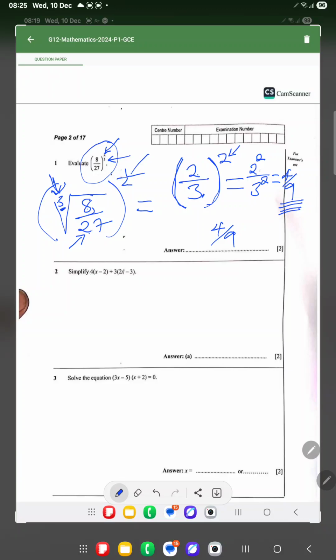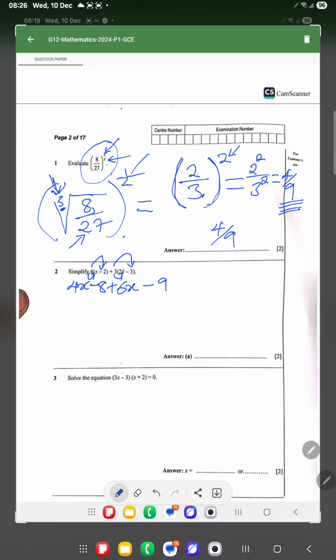So 4 times x is 4x, minus 4 times 2 is 8. Then plus, 3 times 2x is 6x, and minus 3 times 3 is 9.